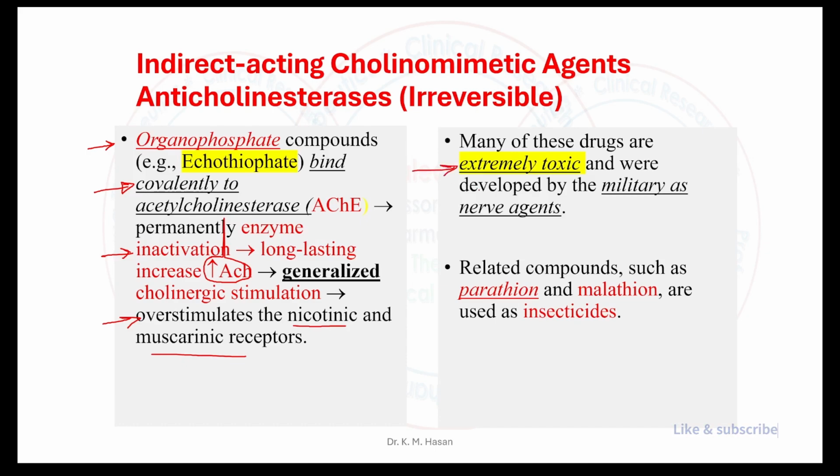Echothiophate, parathion, malathion are extremely toxic and could be used as nerve gas in military service. Related to these compounds, we have echothiophate, then parathion, then malathion, and this medication is used as an insecticide.